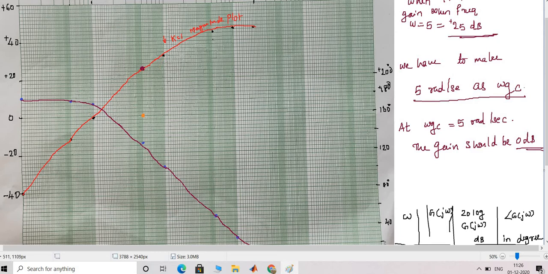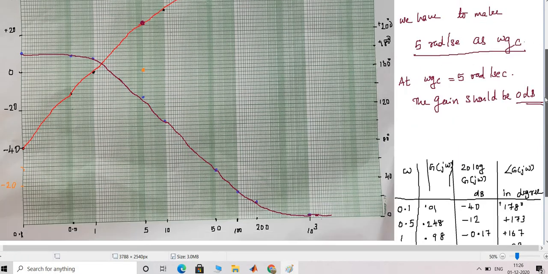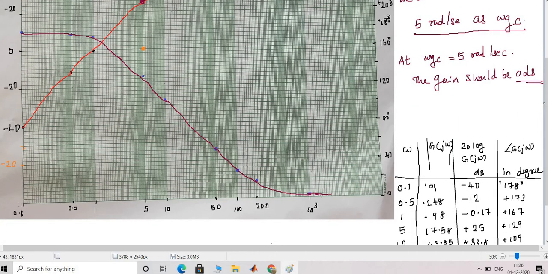So when I subtract from plus 40, what will it be? Here it is minus 20, and the lowest point will be corresponding to minus 40. Sorry, here it is minus 60, and this point will be corresponding to minus 80.